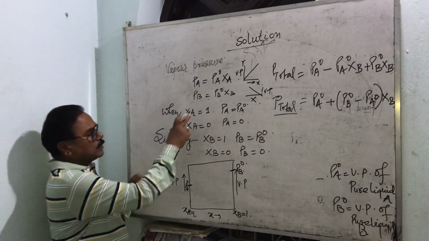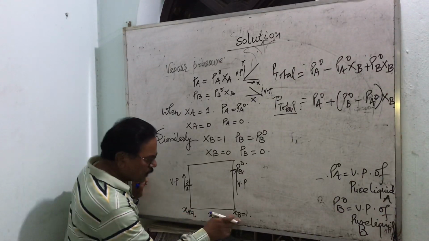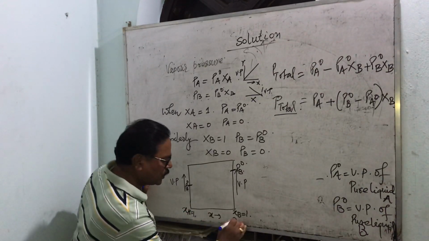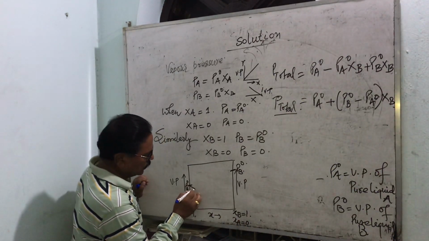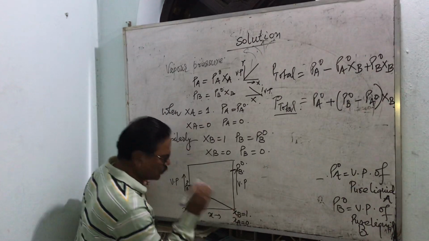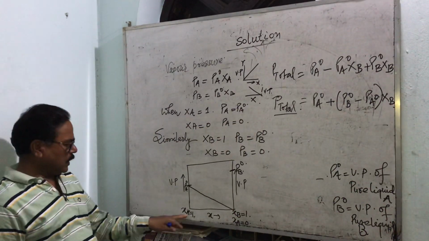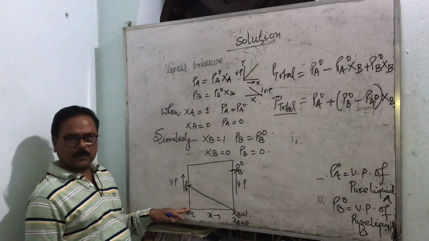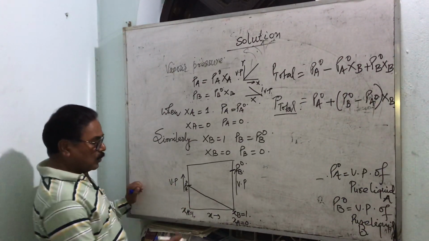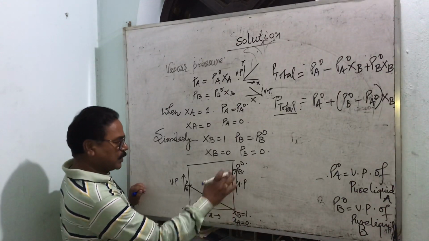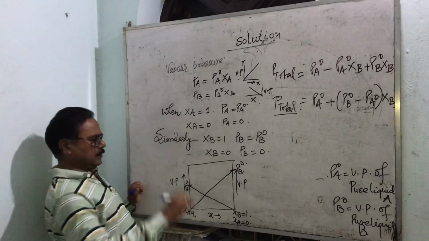From this it will give you a straight line. When XA decreases from 1, its vapor pressure decreases, and when XA is equal to 0, PA is equal to 0. Now when XB increases, vapor pressure increases, so the curve like this is obtained.